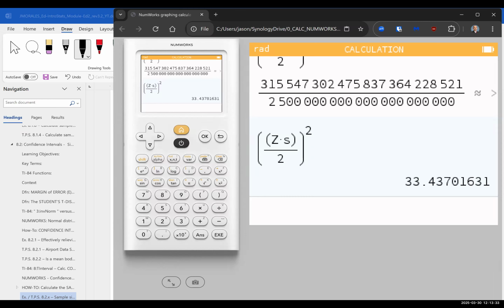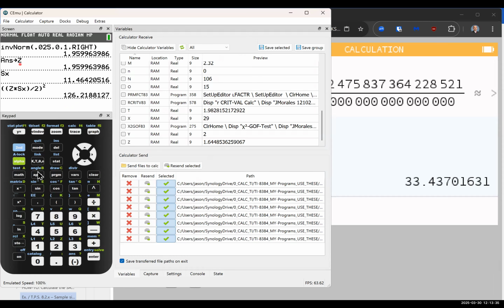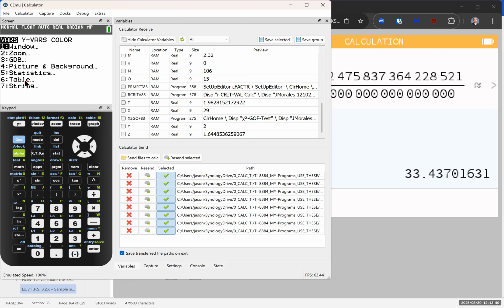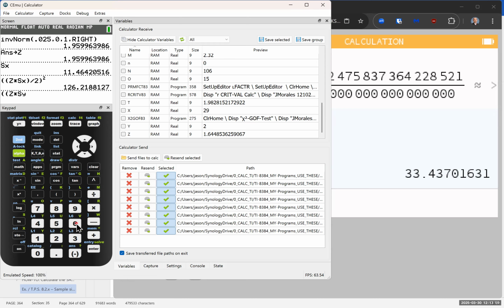And let me do this on the Texas Instrument. So I want to copy this same formula. Okay, alpha Z times, now I need Sy. That was the standard deviation of the second list. So I can hit variables. Now I'm just going to hit the number 5 to go to the statistics option, and then 6 for the sample standard deviation for the second list. There we go.